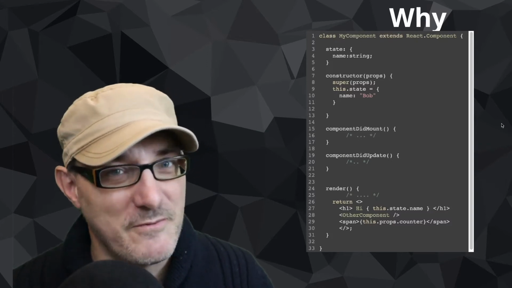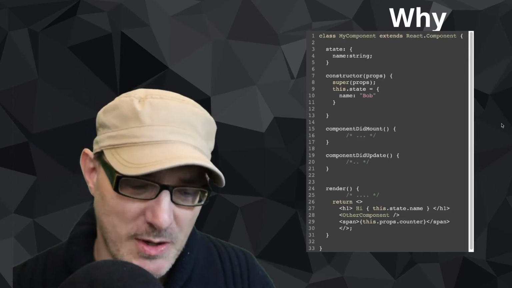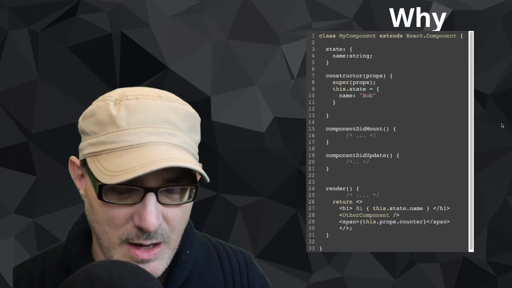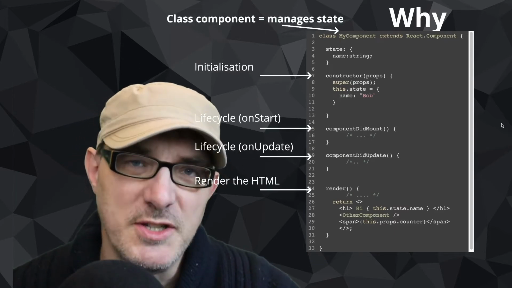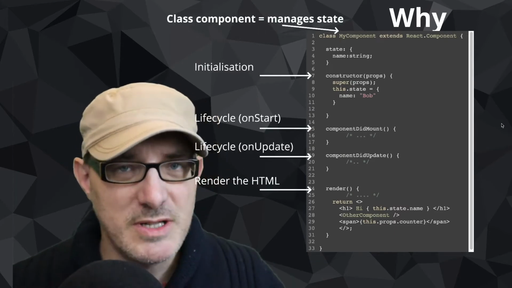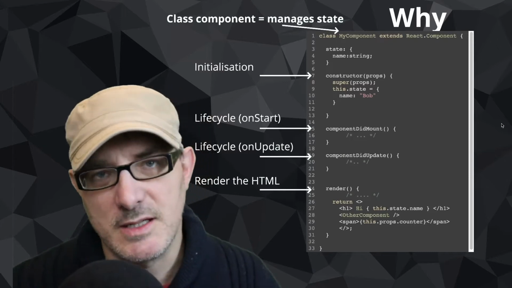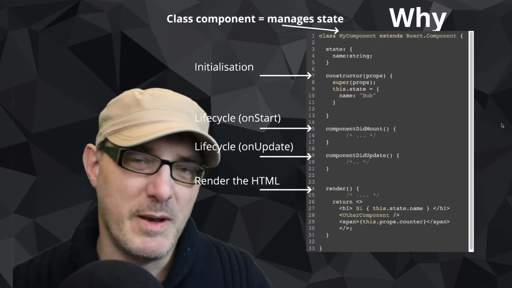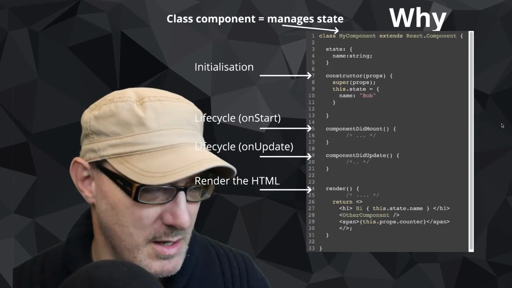PHP has been doing that very well for the last 30 years or so. The point of JavaScript frameworks is to manage application logic, and dare I say even game logic. And well, classes were a logical way of doing things. You just lump everything together. The state, the initialization, the logic, the HTML render, it's a logical place to put everything together.